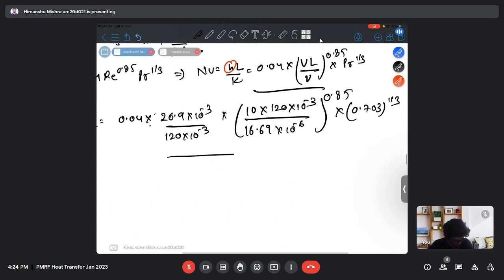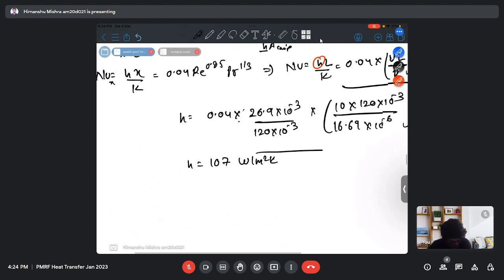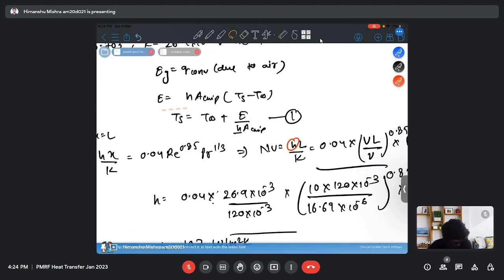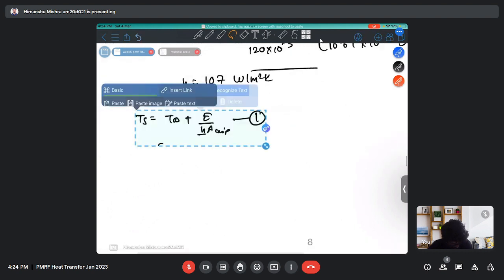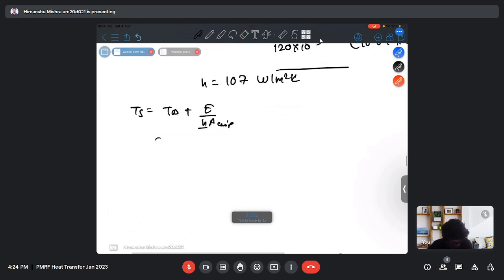So just evaluating this expression, we will get our heat transfer coefficient as 107 watt per meter square Kelvin, and then we can use equation 1 to determine the surface temperature.